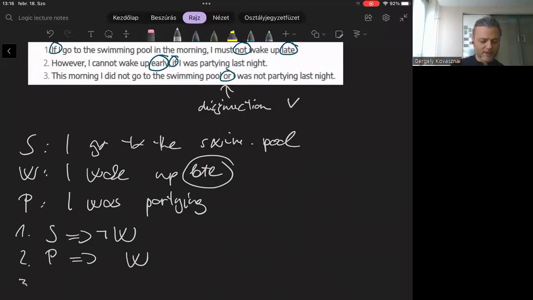And now it's time to formalize the third sentence. This morning I did not go to the swimming pool, denoted by negation s. So I did not go to the swimming pool, or I was not partying last night, so you have to negate p.